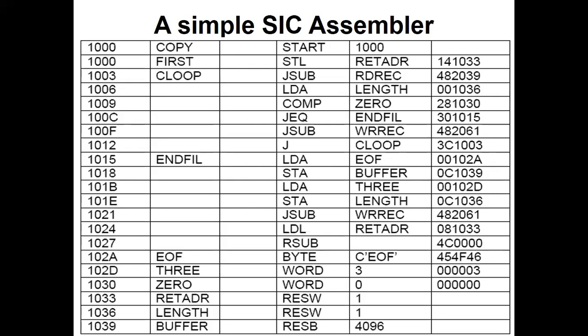What we need is the address of length. When you look at the program, the address of length is 1036. Therefore the machine language instruction for LODA length is 001036.